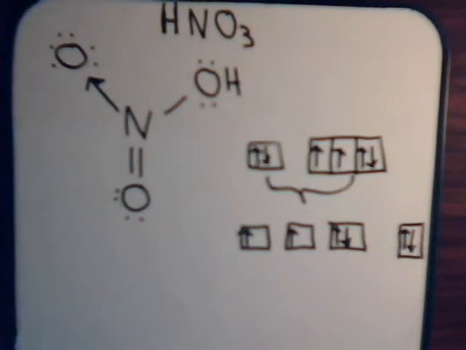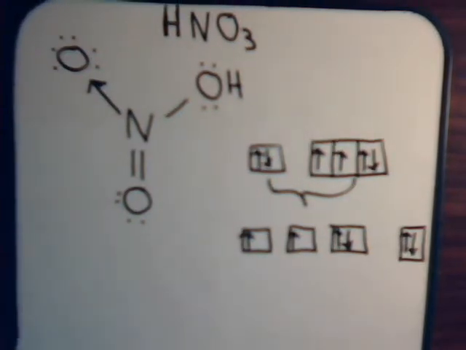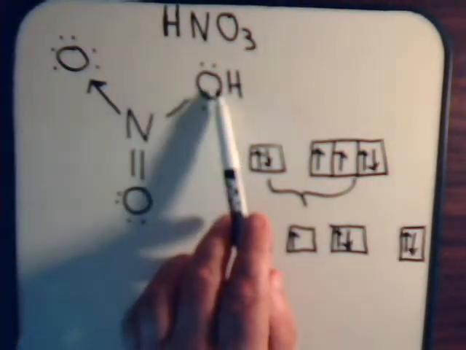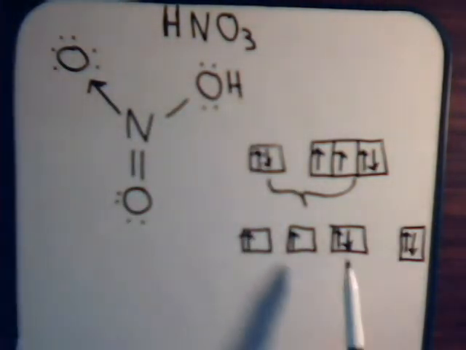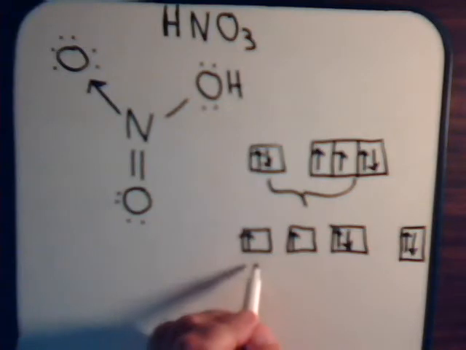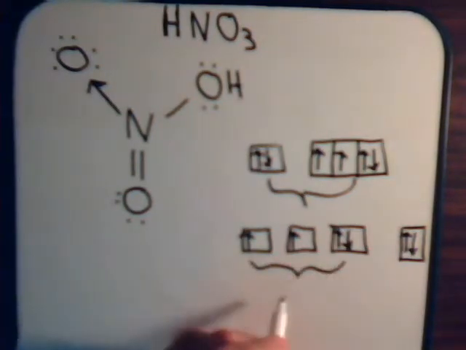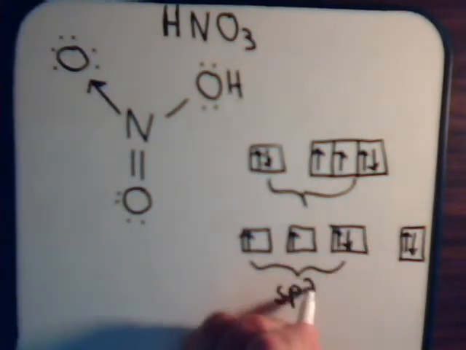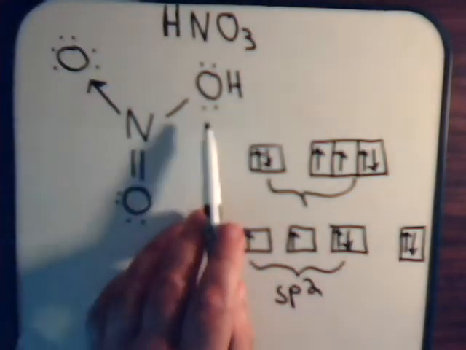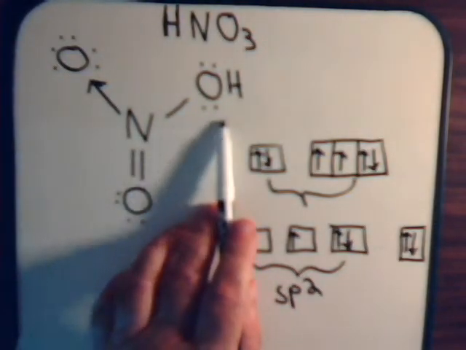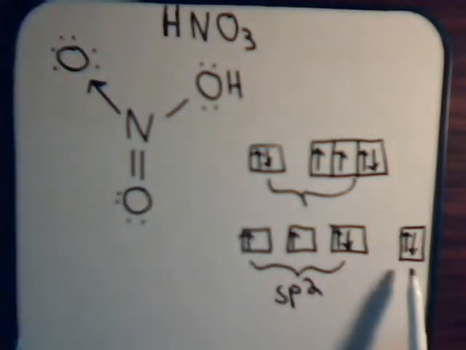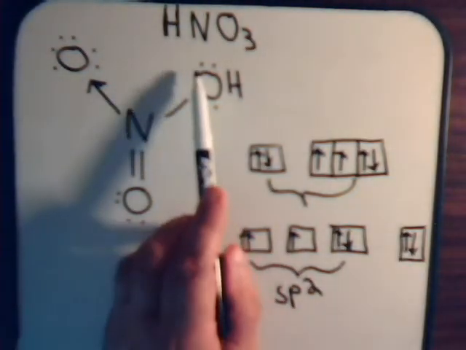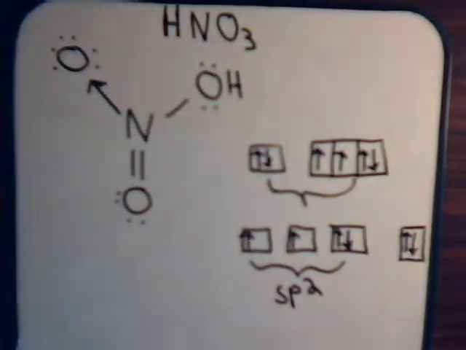So the hydroxyl oxygen can form two sigma bonds. It does, one with nitrogen, one with hydrogen. It has this lone electron pair, and of course these are the sp2 molecular orbitals. So this is the sp2 lone pair of electrons. Here are the lone p orbital electrons. And again, remember the geometry.